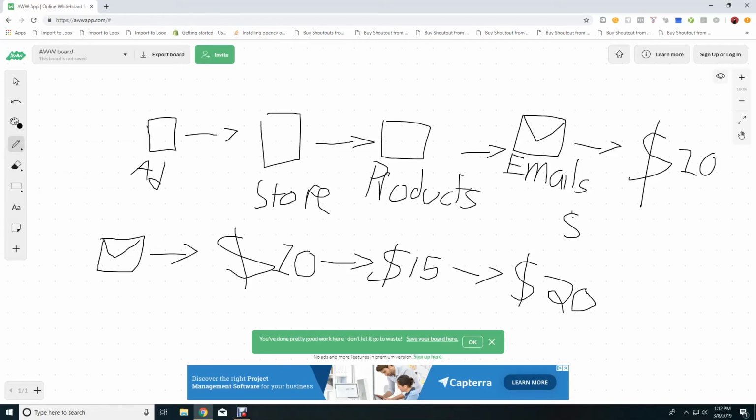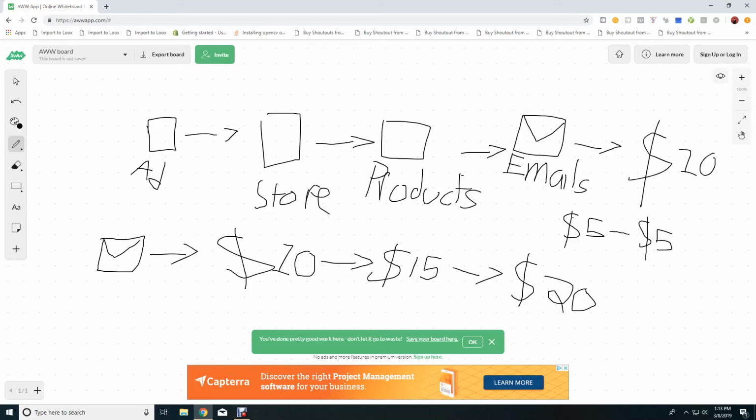So instead of paying $5 for a customer and only making $10 back, we're able to make $55 from $5. So every single $5 that we put in, we profit $50.